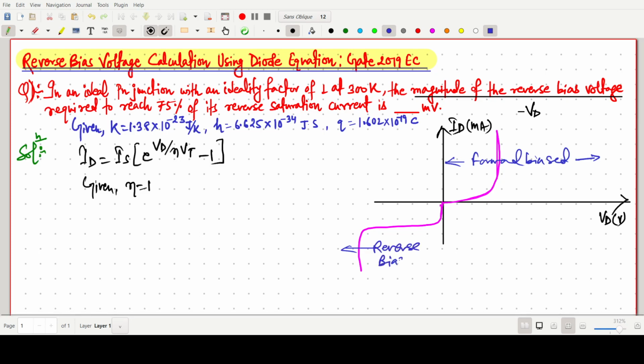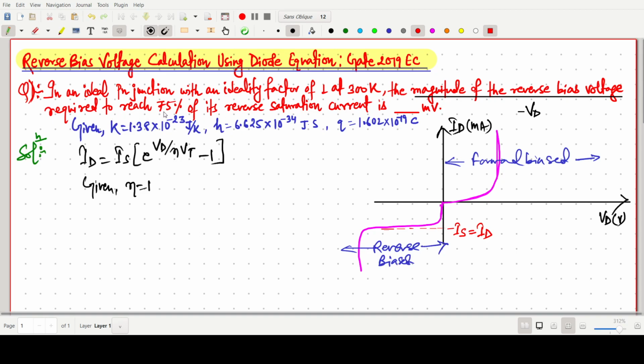Here we can observe that this point is more or less minus Is, the reverse saturation current, and this can be some diode current in the reverse bias.